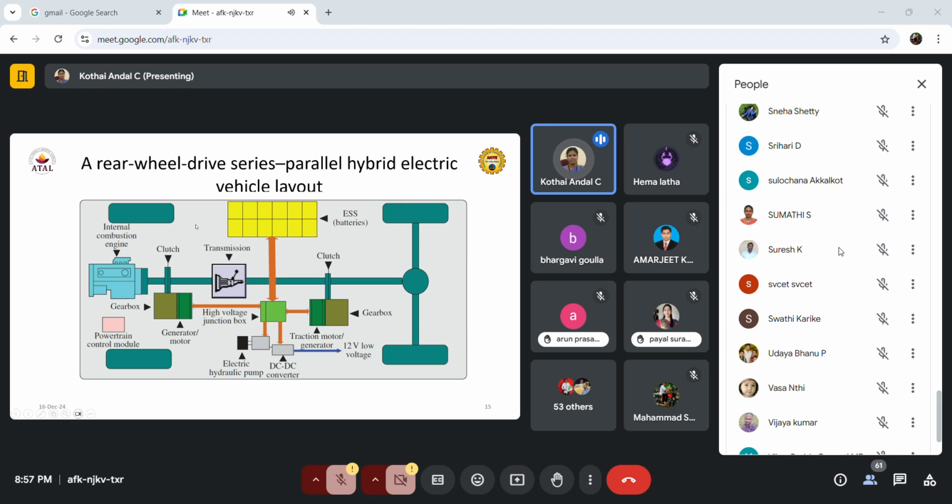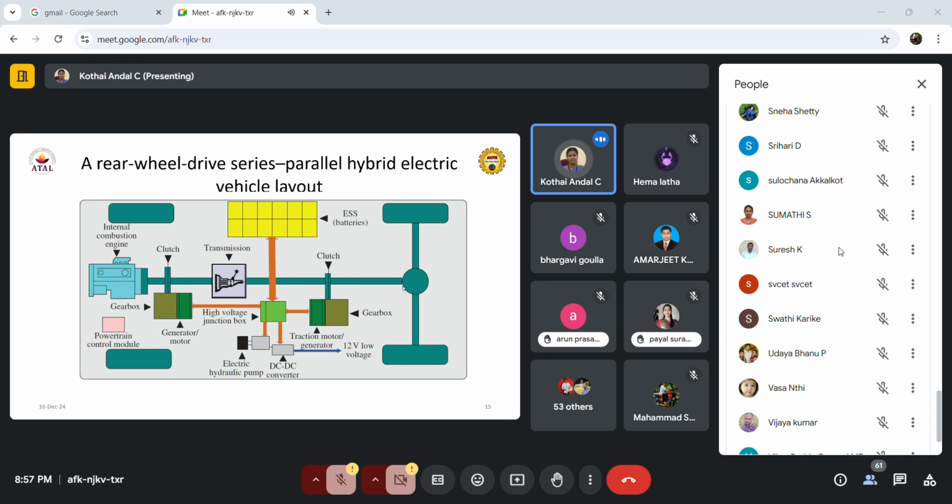In this path, the mechanical power of the engine is converted into electrical power through the generator. Then the electrical power can flow to the battery ESS or to the driving mechanism. That means the operation happens simultaneously: it will charge the battery as well as drive the vehicle.